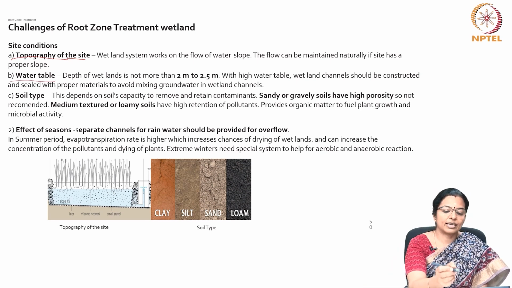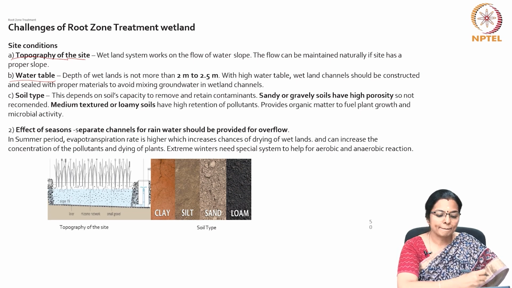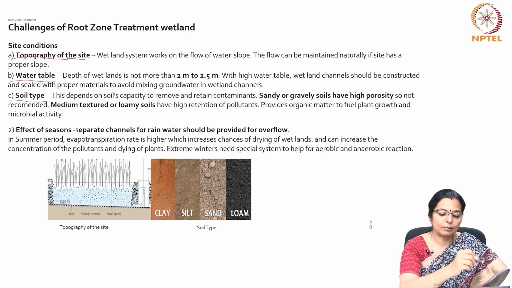Second is the water table. The depth of wetlands is not more than 2 meters or 2.5 meters. With a high water table, wetland channels should be constructed and sealed with proper materials to avoid mixing groundwater in wetland channels. Third is the soil type.